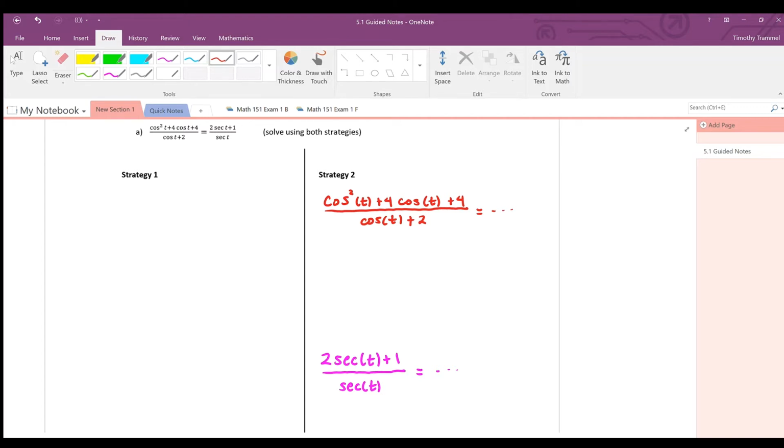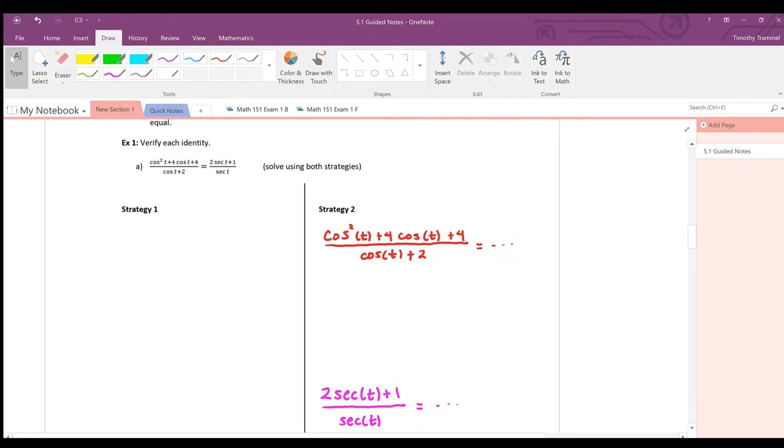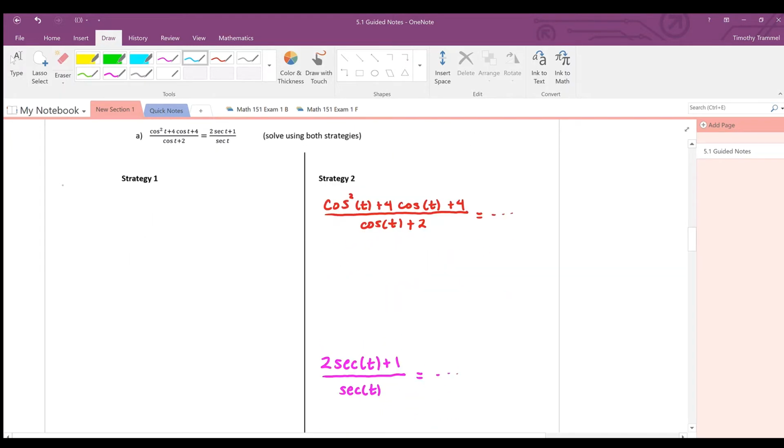Let's try out strategy 1 and we'll come back and we'll see why this strategy 2 here is a little bit easier. So remember with strategy 1 here, we want to start off with that more complicated side, cosine squared t plus 4 cosine of t plus 4 over cosine of t plus 2.